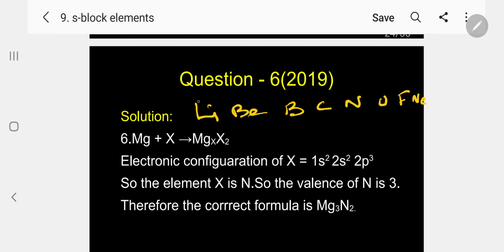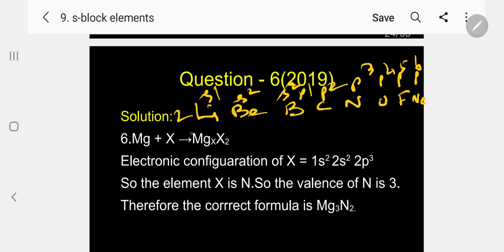Lithium is 2s1, beryllium 2s2, boron 2s2 2p1, carbon 2s2 2p2, nitrogen 2s2 2p3, oxygen 2s2 2p4, fluorine 2s2 2p5, neon 2s2 2p6. Then what have they given? Kindly follow.